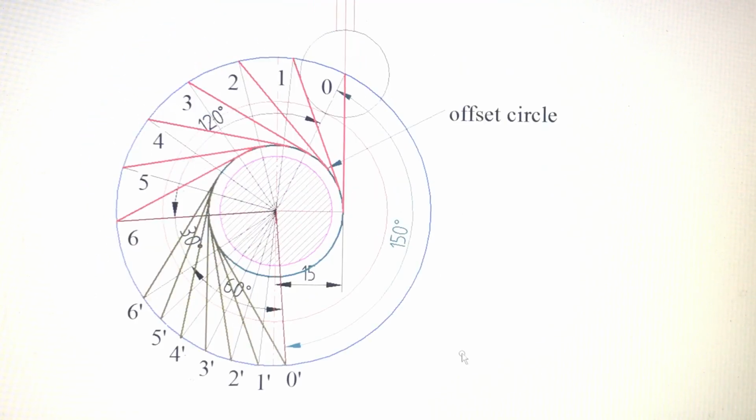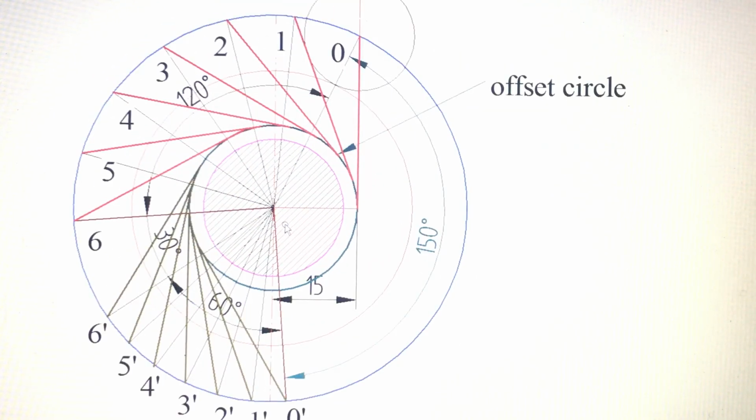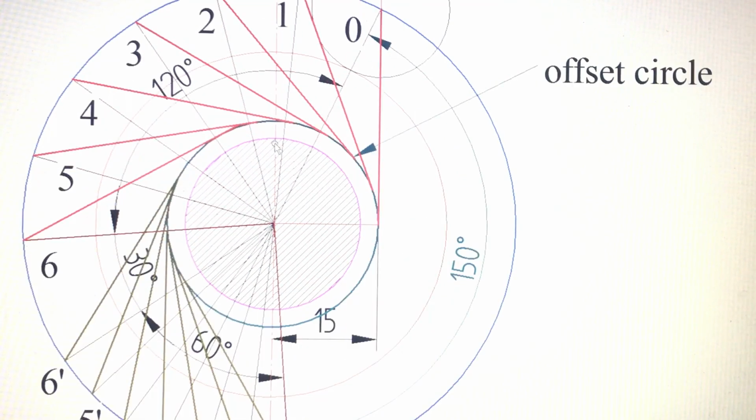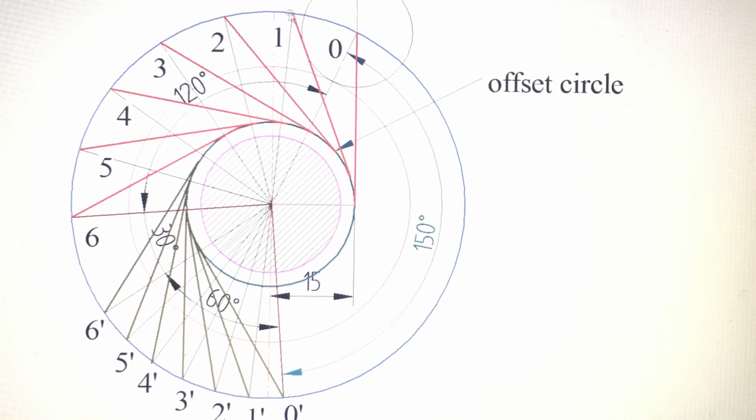Next, in the fourth step, it is very important. After locating the points, that is 0, 1, 2, 3, 4 on the circumference of the prime circle, you need to draw tangential lines to the offset circle from these points. See, 0 to offset circle, there is a tangent line, shown in red color.